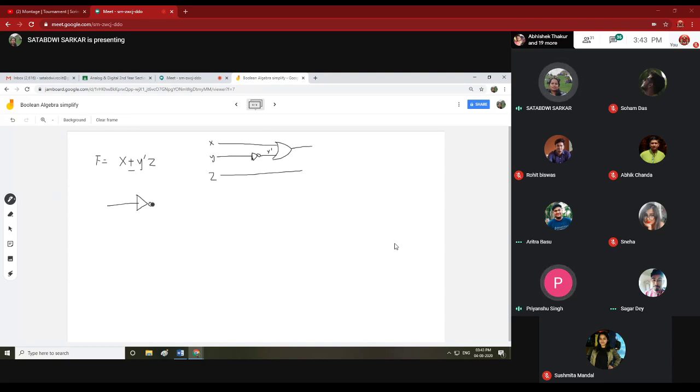Actually, ma'am, only one input we can pass in a NOT gate. Yes. What is the problem? Ma'am, when we give only one input to a gate, we need to show it by a small box, I think.